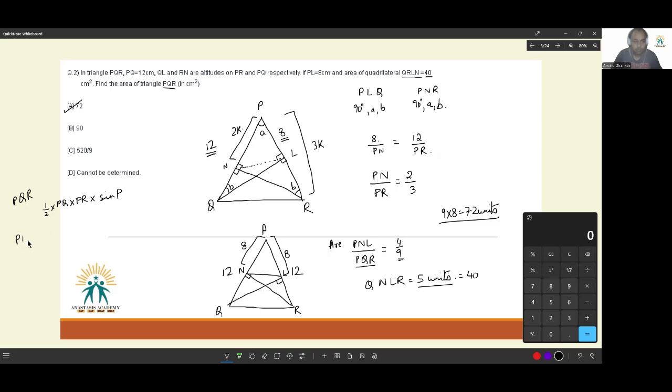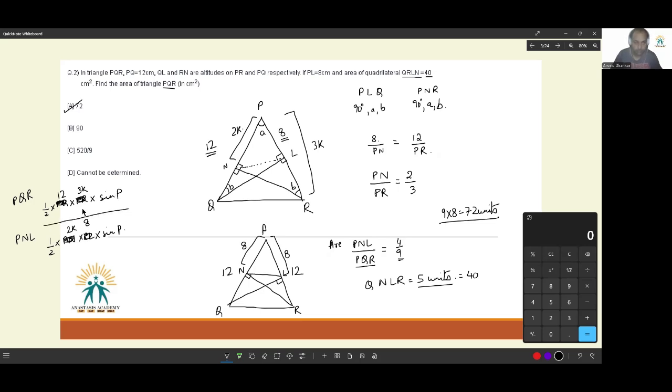An area for PNL will be equal to half into PN into PL into sine P. Now see, PQ we know to be 12. PR we know to be 3K. PN we know to be 2K. And PL we know to be 8.